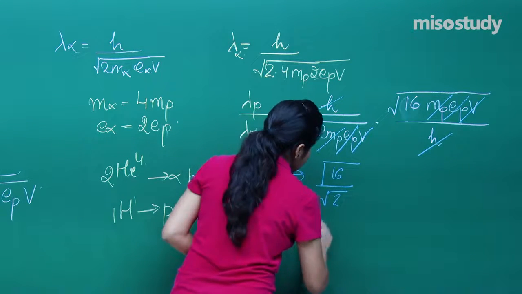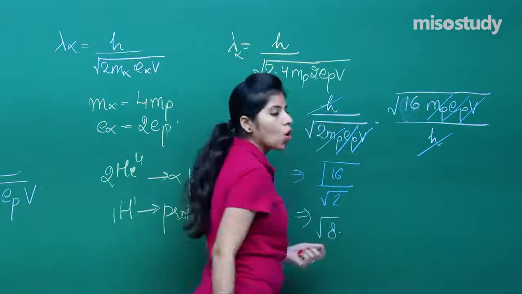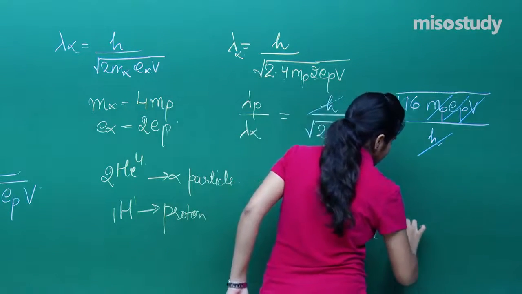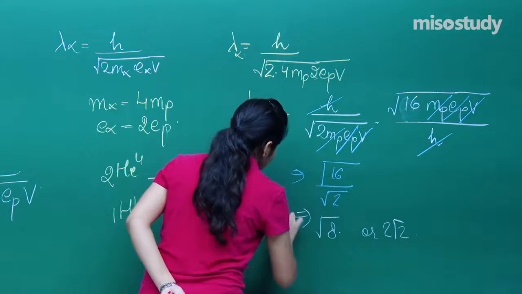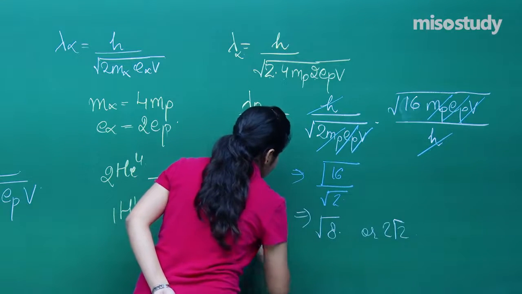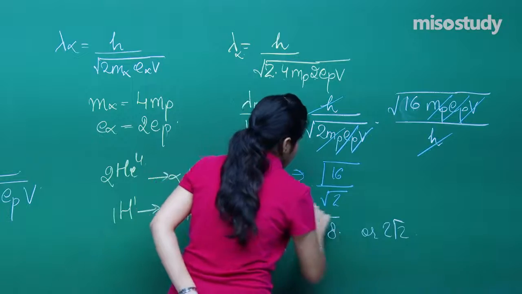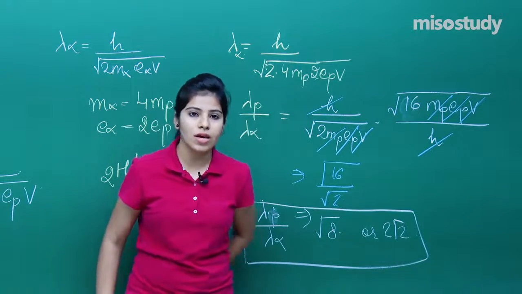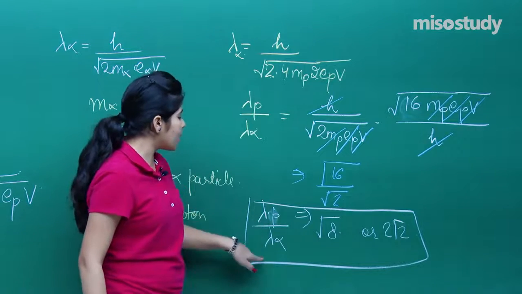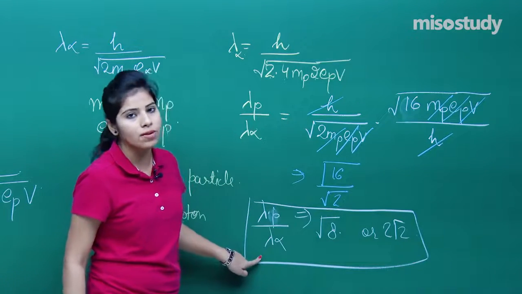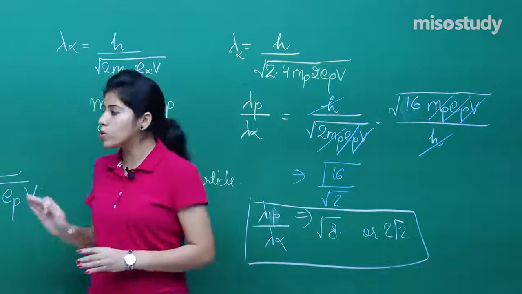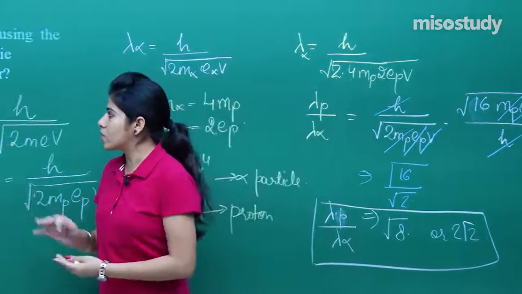Directly you can write it as under root 8 or 2 root 2. So that means lambda p upon lambda alpha is under root 8. This is the relation between them, or you can write it as lambda p is equal to under root 8 times lambda alpha. Okay. So this is the answer to the question, and this was the approach for how to start this question.